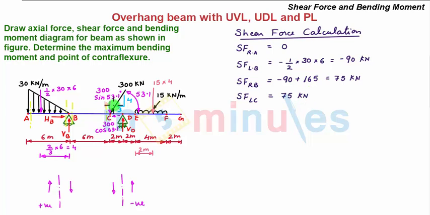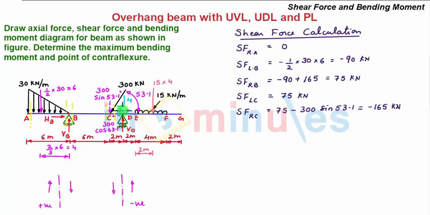Next we move this section towards right and take it towards the right of C and very near to it. So shear force towards right of C is equal to, we see that there is an addition of this downward force of magnitude 300 multiplied by sine 53.1. So we have plus 75 minus 300 sine 53.1, and this comes out to be minus 165 kN.